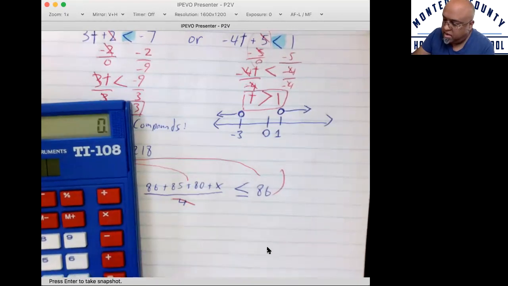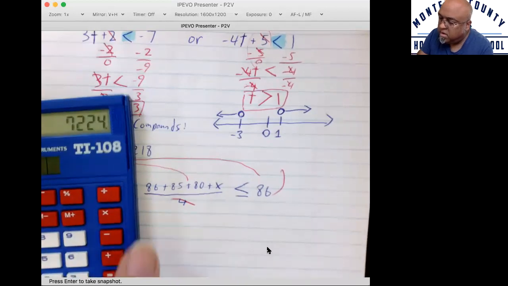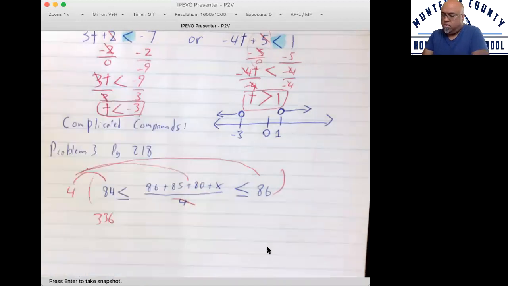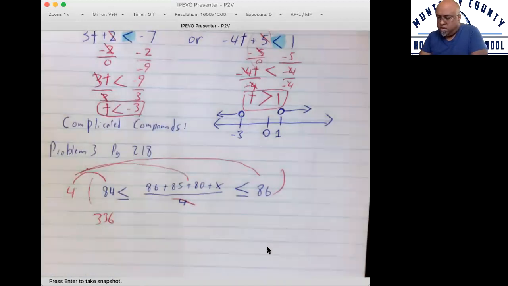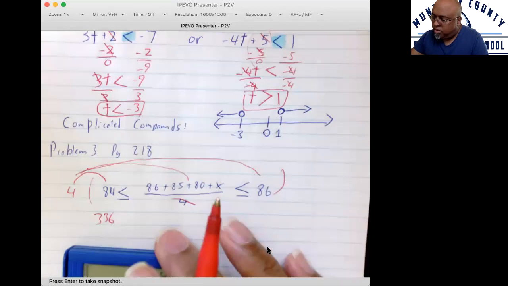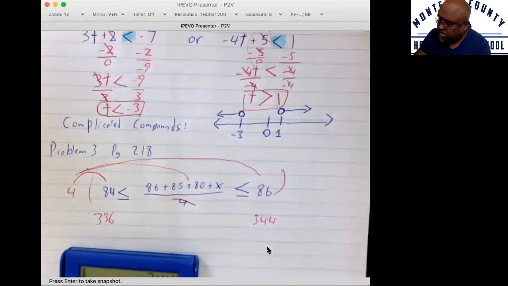Oops, I think I added 84 times 86. Oh, I'm sorry. That was 4 times 86. That's why I kept getting some ridiculously large number. So that's 344.